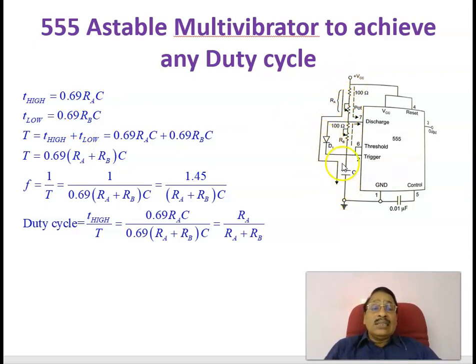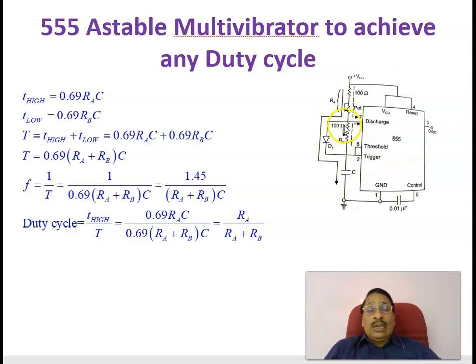During discharging of this capacitor, once the voltage reaches 2/3 VCC, the capacitor starts to discharge through RB and through the internal transistor. Already I explained. Therefore, discharging is through RB only, as in the previous case. During the discharging of the capacitor, the output is low.